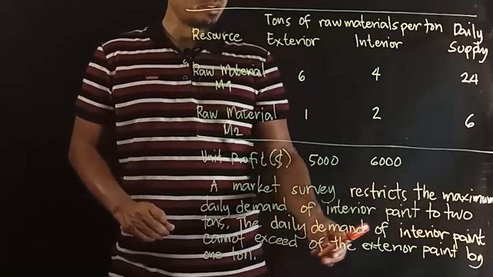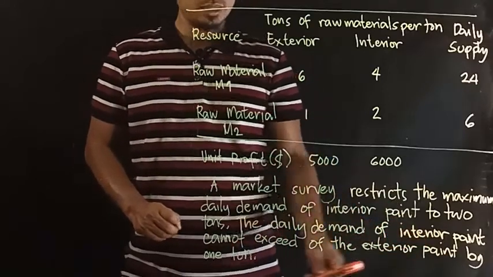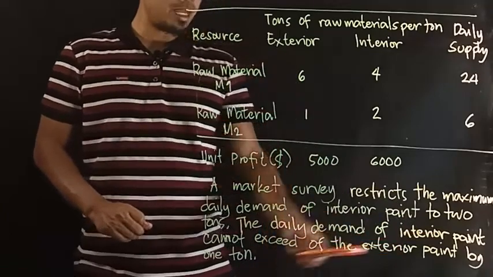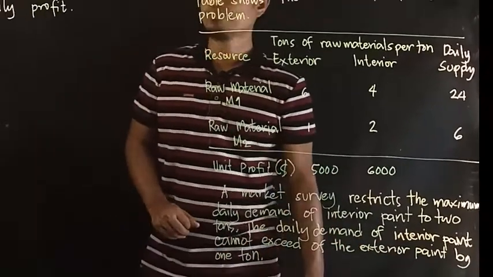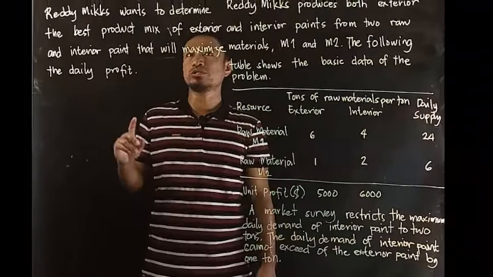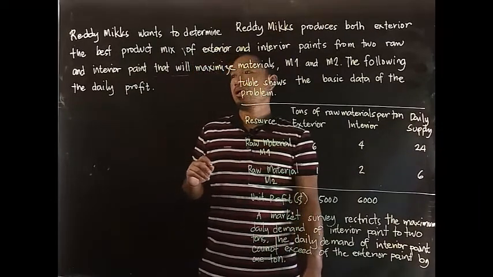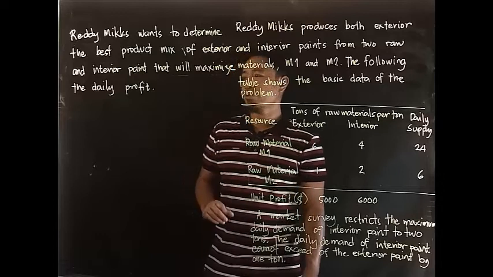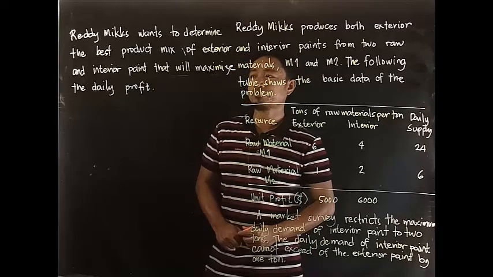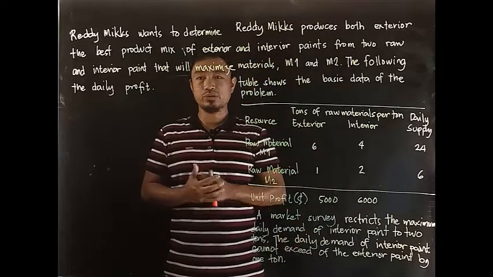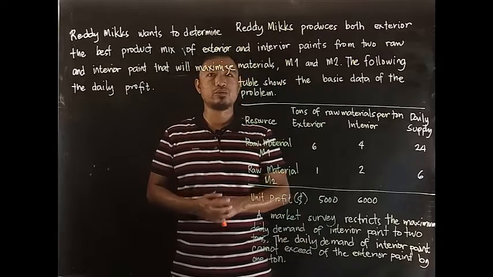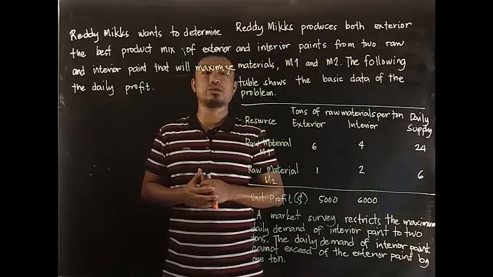The daily demand of the interior paint cannot exceed that of the exterior paint by 1 ton. Ready Mix wants to determine the best product mix of the exterior paint and interior paint that will maximize the daily profit. The first thing we're going to do is to formulate an equivalent LP model of this problem.